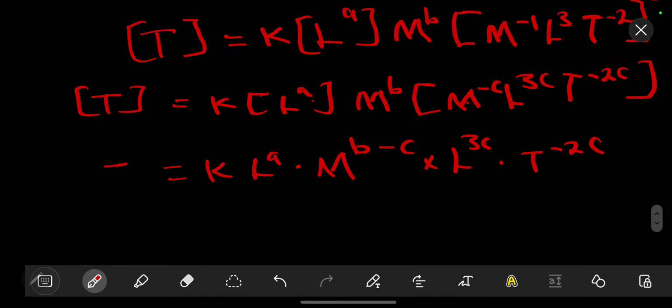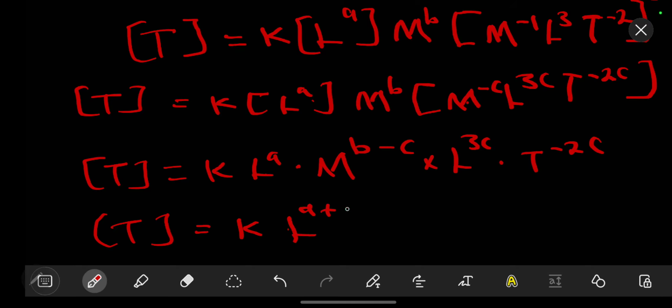So this is our T. So we can say T should be equal to k. Then this L times this L, the power is a, so we add the powers, so we have plus 3c. Then we have m to the power b minus c. Then you have T raised to the power negative 2c.